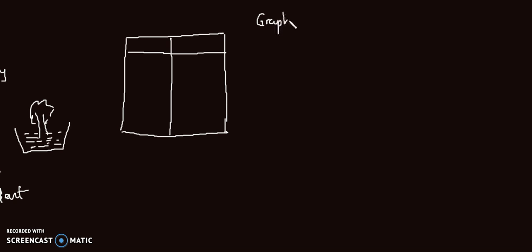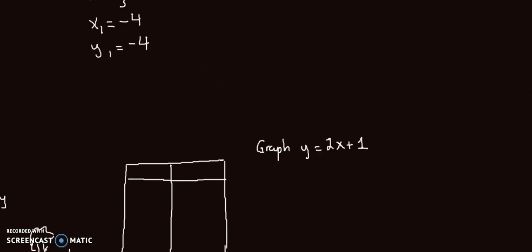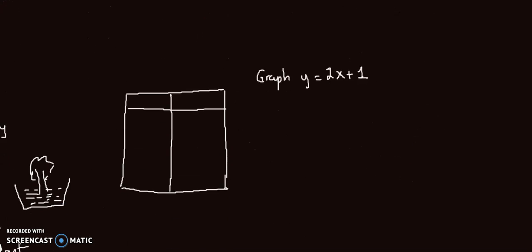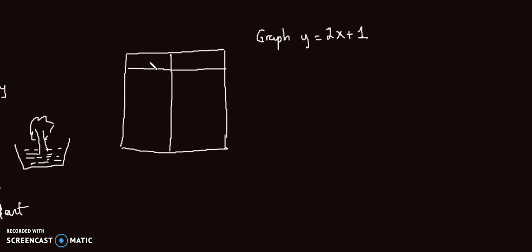Let's say that you want to graph this function y equal to 2x plus 1. If you didn't know about the quicker way to graph this function, using the y-intercept and the slope, then the typical step would be you make a table of values, so x here and y here.